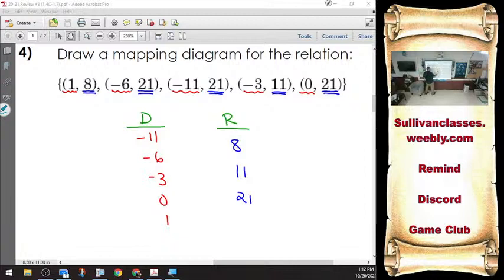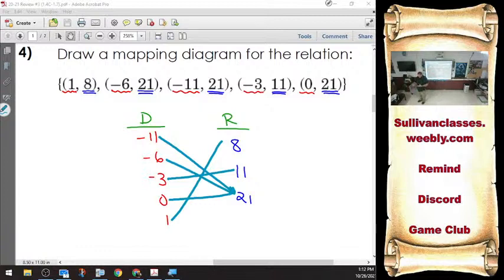Negative 11 went to 21. Negative 6 also went to 21. Negative 3 goes to 11. 0 goes to 21. Jeez. And 1 goes to 8.